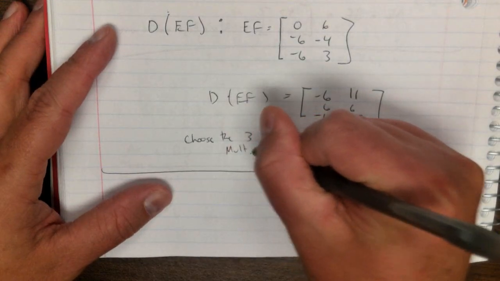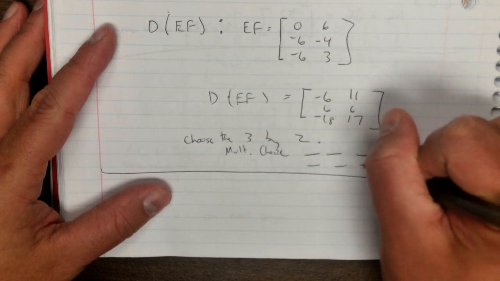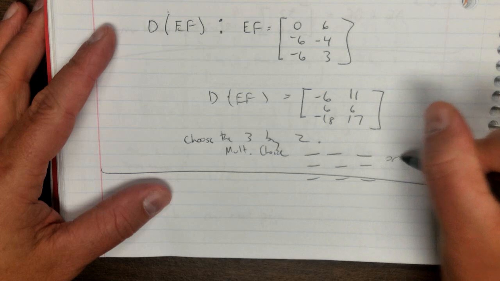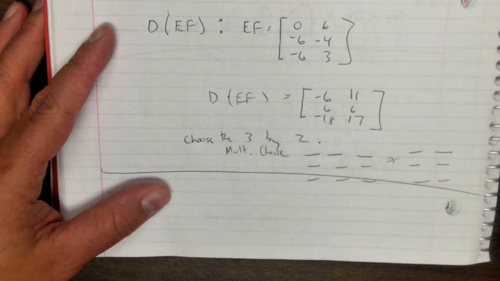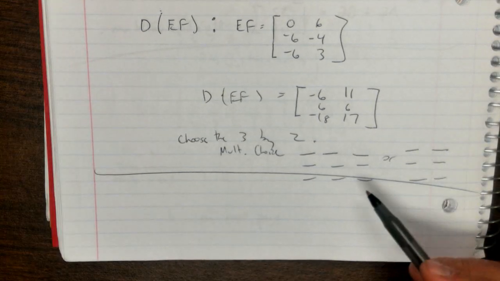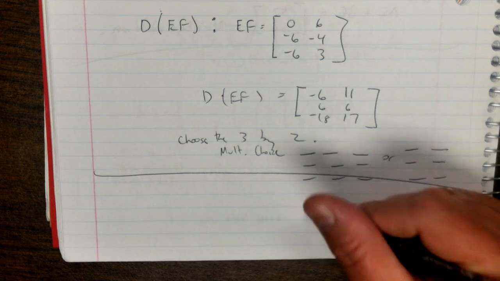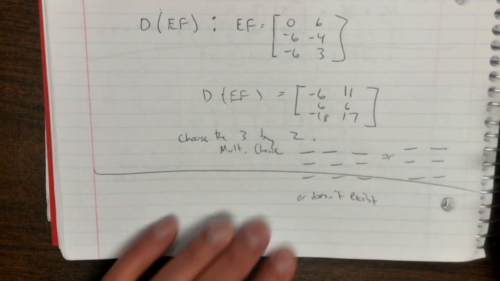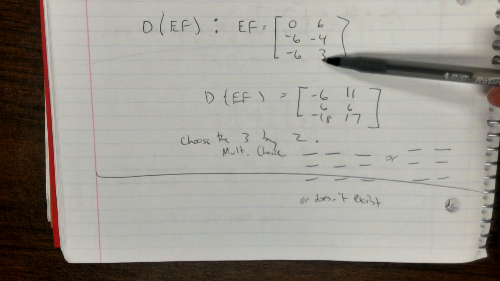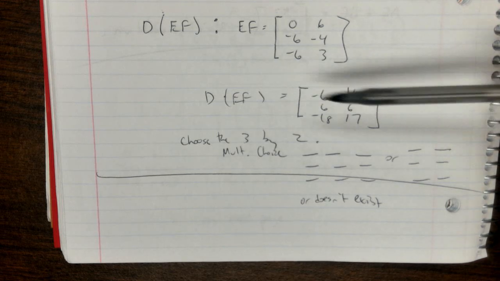In this, it was multiple choice as far as is it 3 by 3 or is it 3 by 2. And so you're going to have to make a choice, or it might say it doesn't exist. And so I would just use your calculator, get this answer, and then take that answer and multiply it by the D matrix and get this answer.